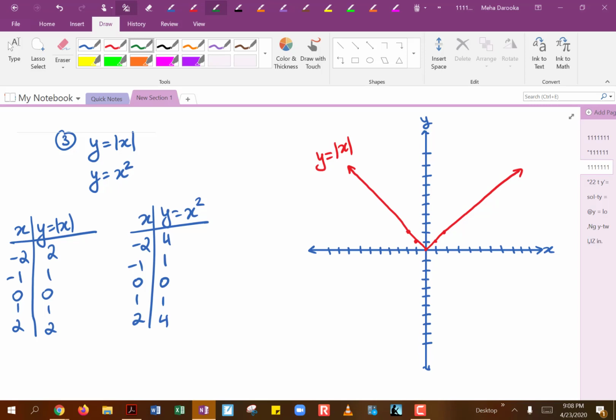And then let's do our y equals x squared function. So that's (-2, 4), (-1, 1), (0, 0), (1, 1), and then (2, 4). So this guy will look something like this.